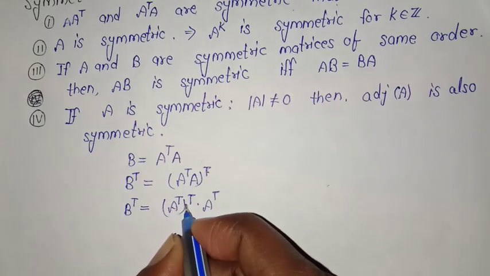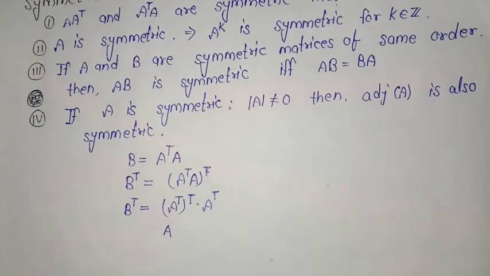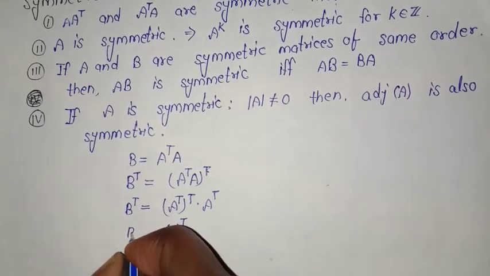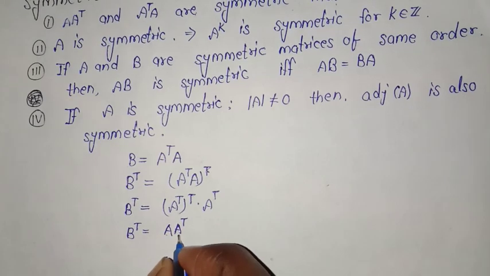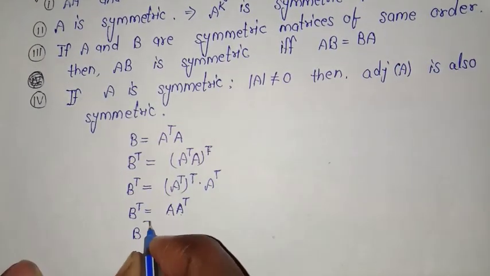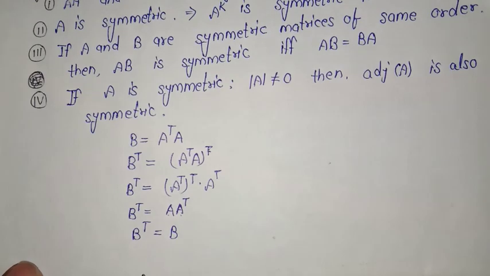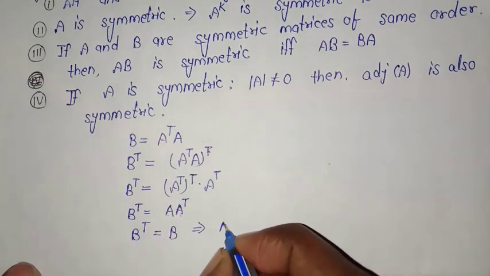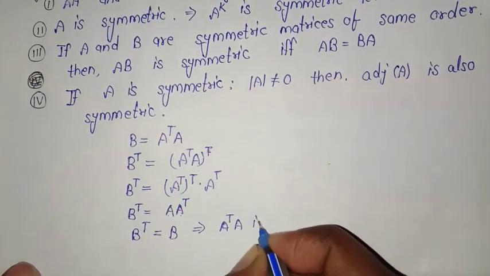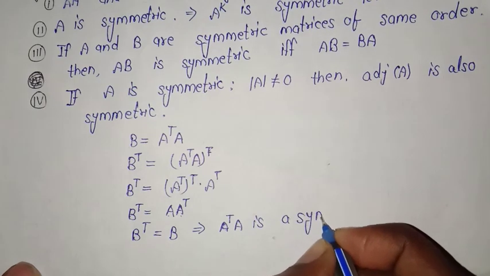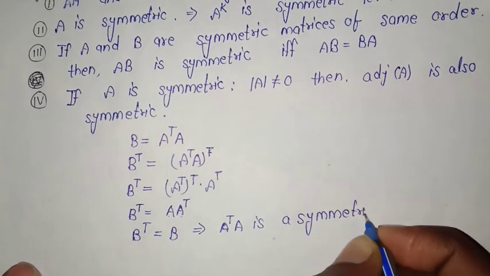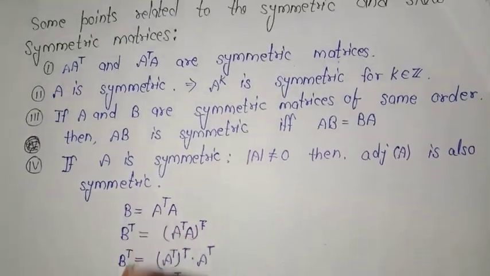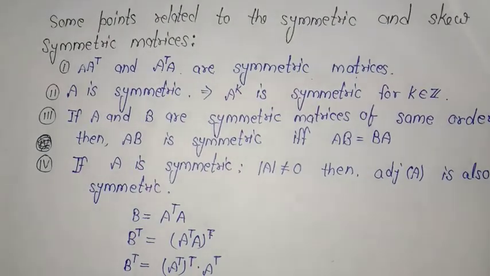Now (A transpose) whole transpose becomes A only, and this is A transpose A. So B transpose is also equal to A transpose A. So from here we can write that B transpose is equal to B. This implies B is a symmetric matrix, and B was equal to A transpose A. So A transpose A is a symmetric matrix. Similarly, you can show that A A transpose is also a symmetric matrix.